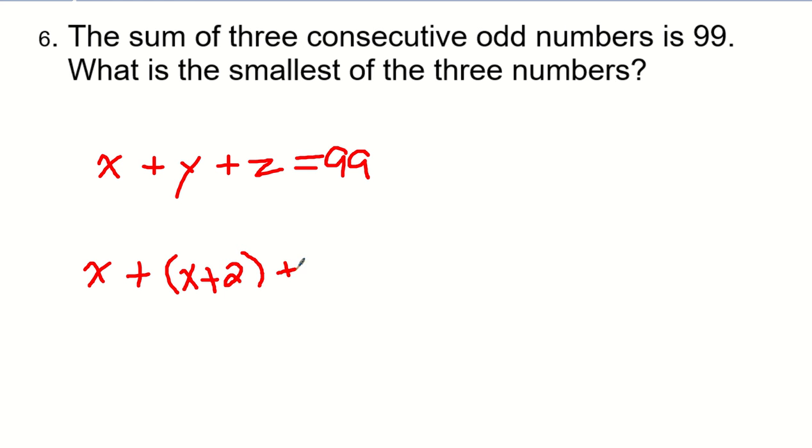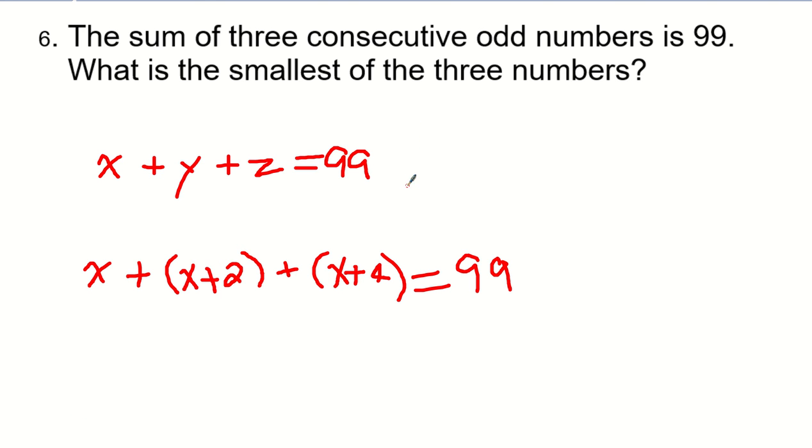And then wouldn't that make it, instead of calling the biggest number z, couldn't we call it the smallest number plus 4? And this is a new and improved equation that you can actually solve, because now x plus x plus x is 3x, and then 2 plus 4 is 6, and you can go from there.